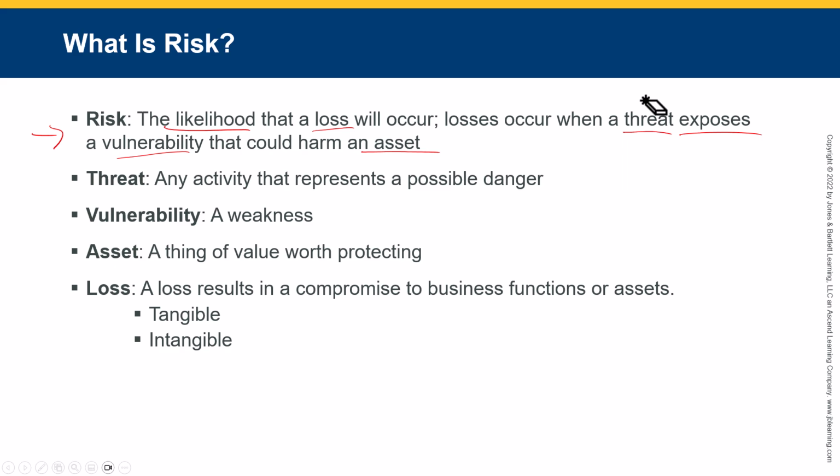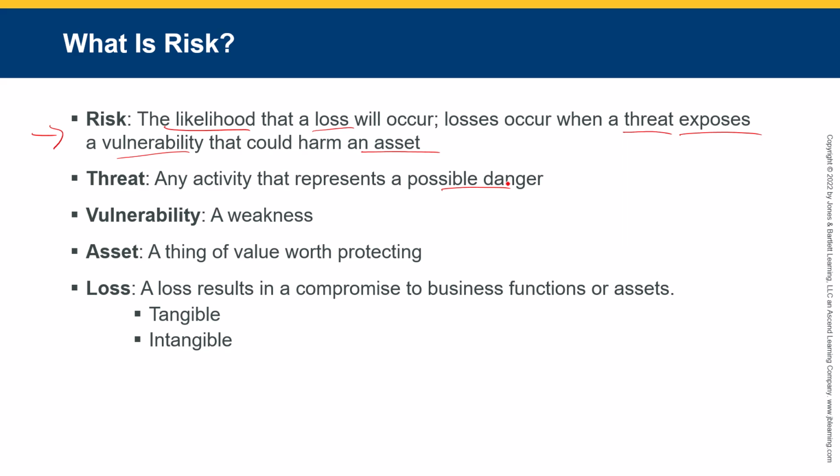A threat, any activity that represents a possible danger. So again, this doesn't mean an actual one that's occurred. This could be anything representing a potential danger. Vulnerability, typically defined as a weakness. Asset, it can be tangible or intangible, but it's something that has value that needs some form of protection. If we're talking a tangible asset, it could be a computer, phone, car, house.